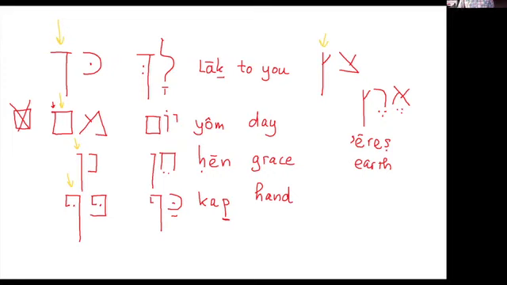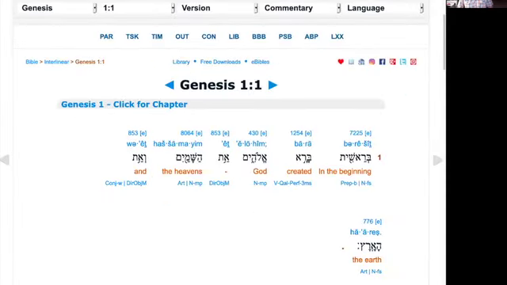And I give you one example from here, Genesis 1. You see here the word Haaretz at the bottom.